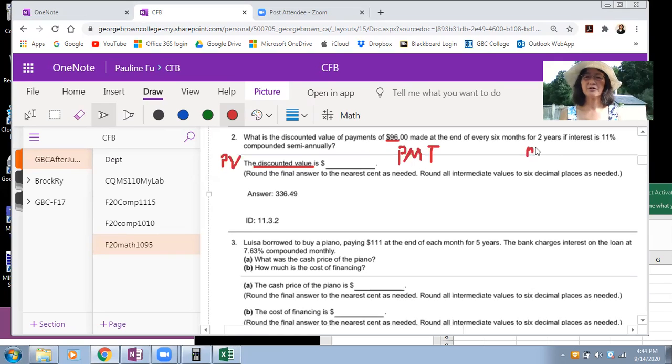So 2 years have 4 6-months. So n equal to 4. You make a payment every 6 months. The interest is compounded every 6 months. So you have PY equal to CY equal to 2.